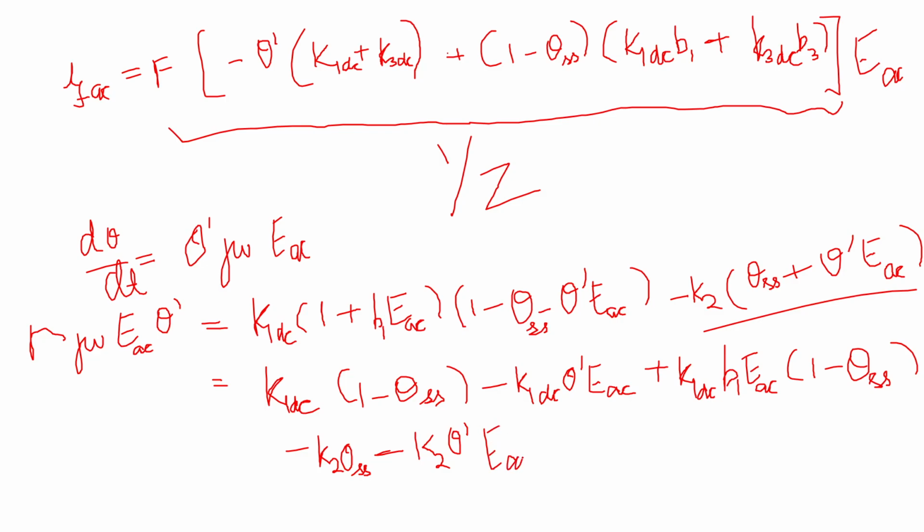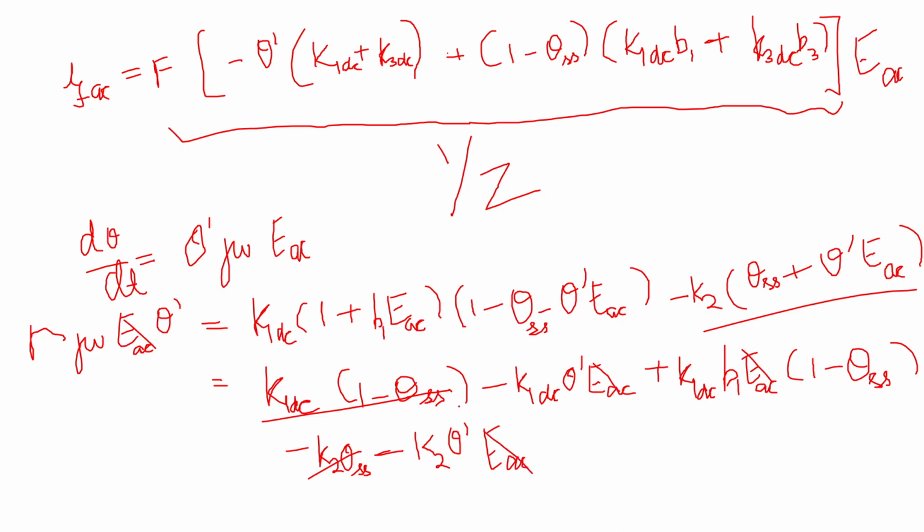As mentioned, all the constants will be neglected. So this one is a constant, and this one is also a constant. Now we see this side also. It's gamma, j omega, EAC, theta dash. So all the other terms having EAC will be considered. Again, EAC square can be neglected. All the terms with EAC, so we are taking the coefficients.